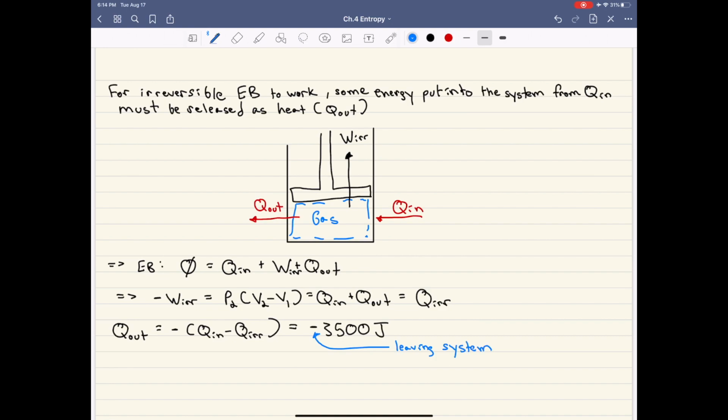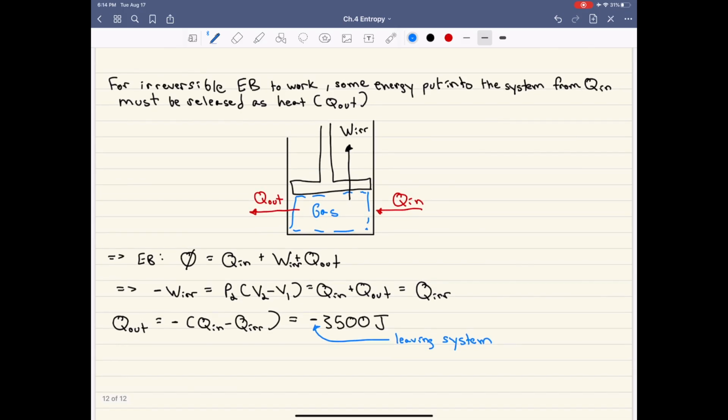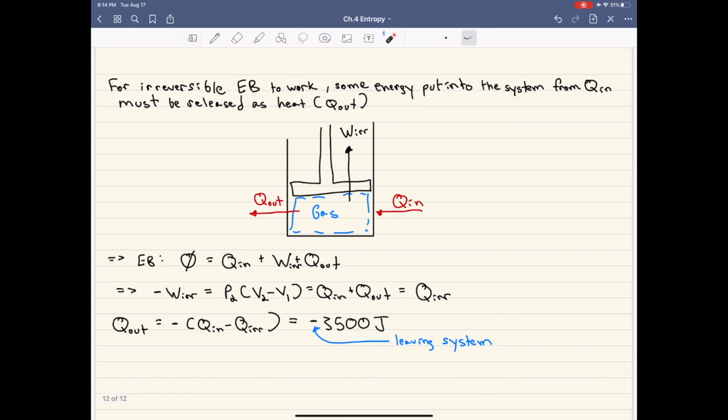If you're going with an irreversible process, if you add heat to the system in order to perform work, not all of that heat is going to turn into work. Some of it leaves the system as what we call lost heat.